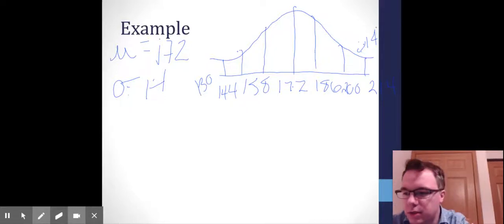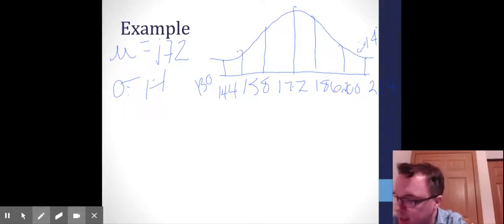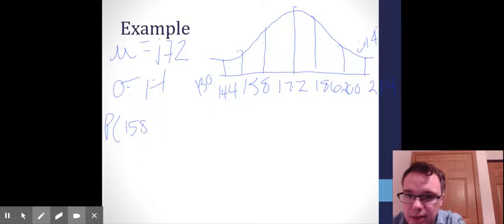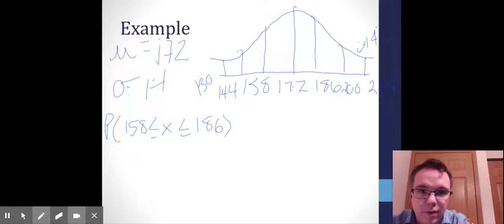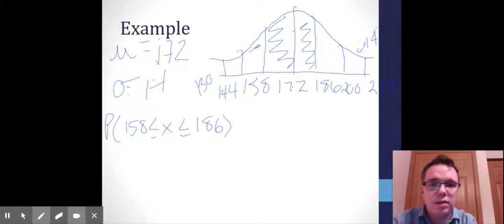So remember, our first question was to find the probability or the percentage that were between 158 and 186. So we want to find what's between 158, which is here, and 186.